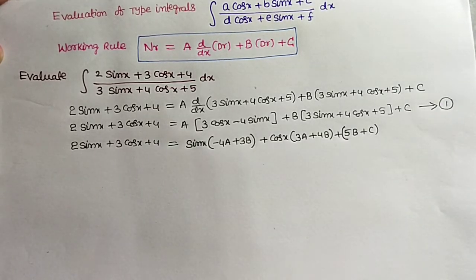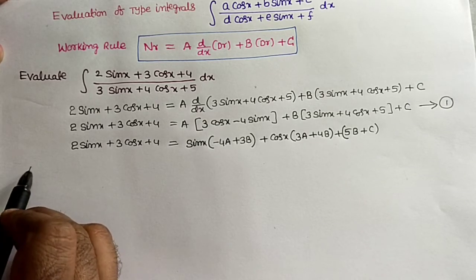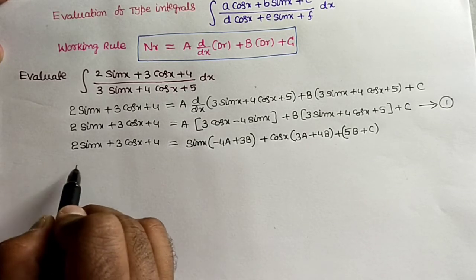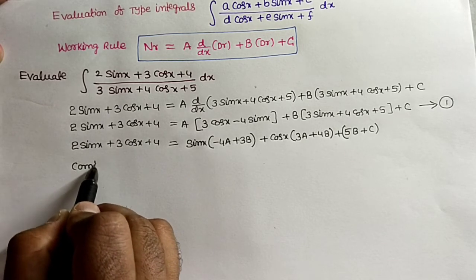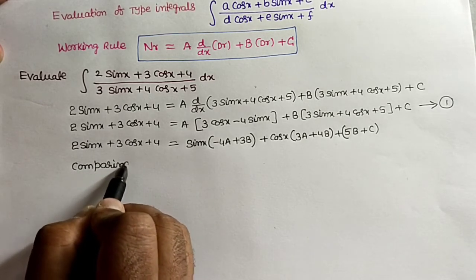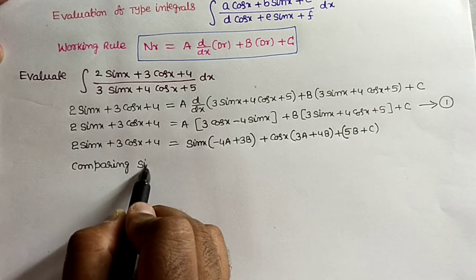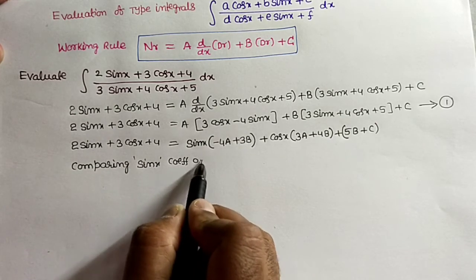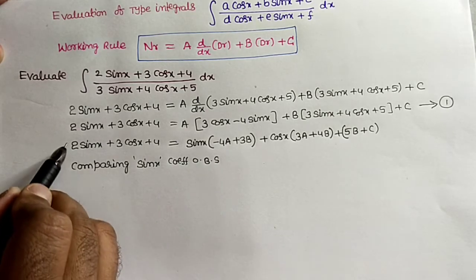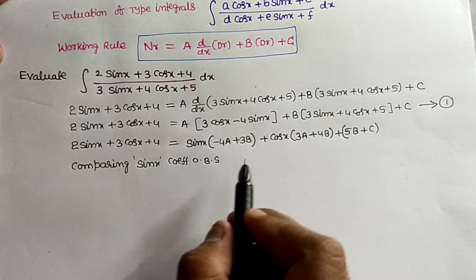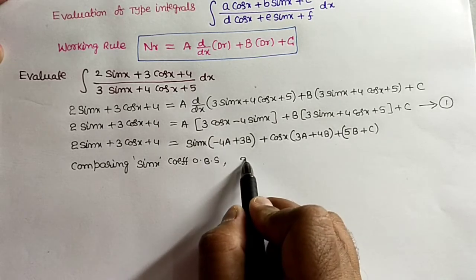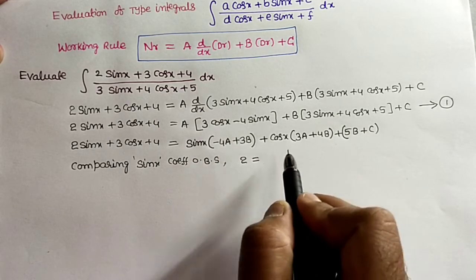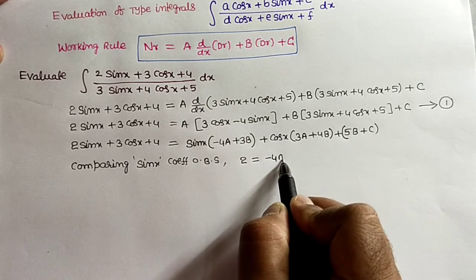After writing this step, comparing like coefficients on both sides. Comparing sin x coefficients on both sides: on the LHS, the sin x coefficient is 2, and here the sin x coefficient is minus 4A plus 3B.